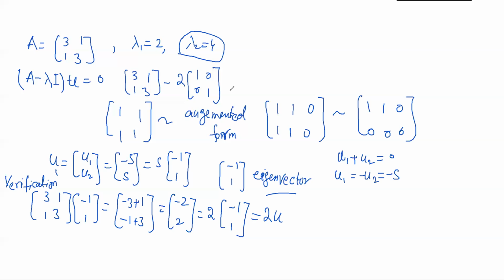So it actually can happen. Yes, in that case we found that the eigenvalue was 4. So the other eigenvector 1, 1 you will get for this eigenvalue. Okay.